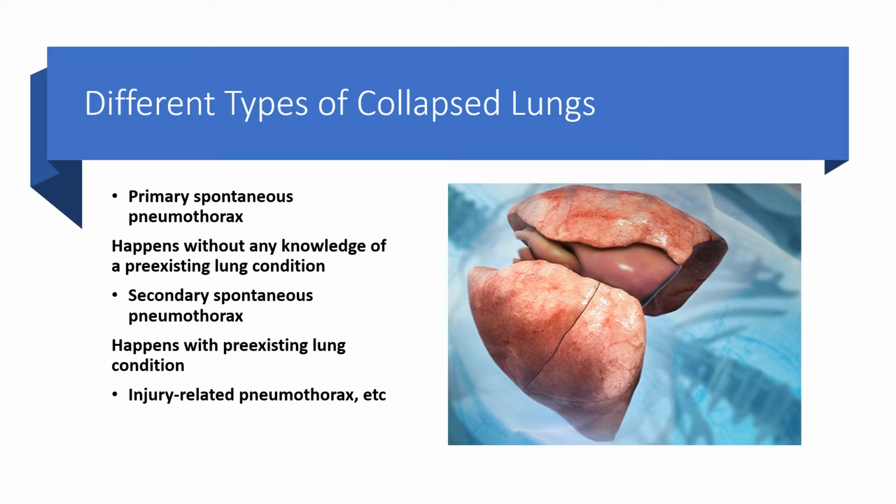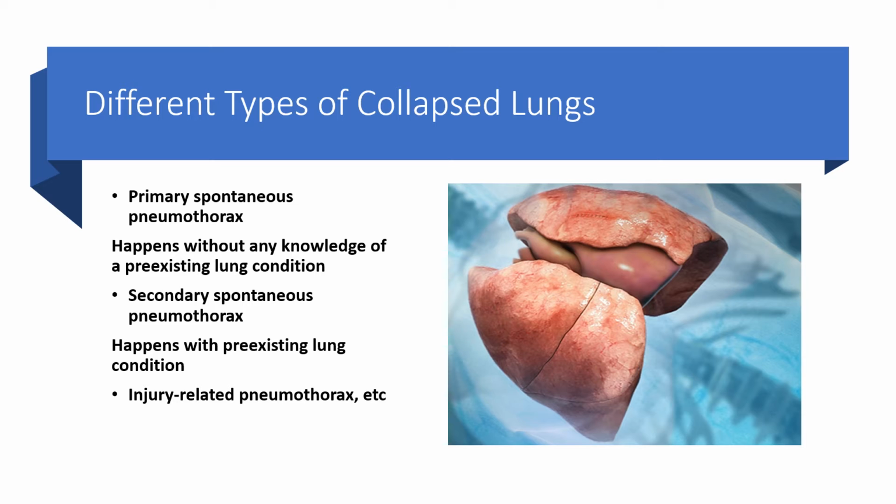So right here I have listed a few of the different types of collapsed lungs you can have. The first one is the primary spontaneous pneumothorax. The second one is the secondary spontaneous pneumothorax. And the third one is the injury-related pneumothorax. Many of you guys are probably questioning, what's the difference between them?